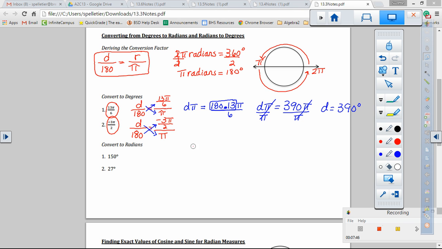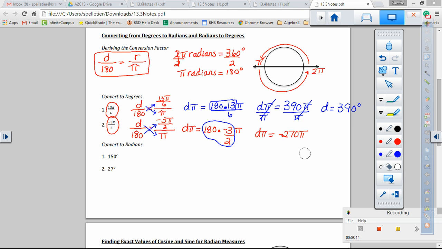Okay? So we get d pi equals 180 times negative 3 pi over 2. Again, you're going to calculate this numerical part, and you're going to leave pi sort of hanging out by itself. 180 times negative 3 divided by 2, you get d pi equals negative 270 pi.